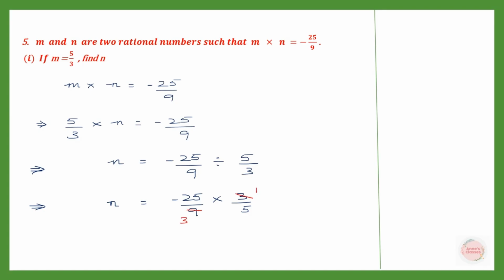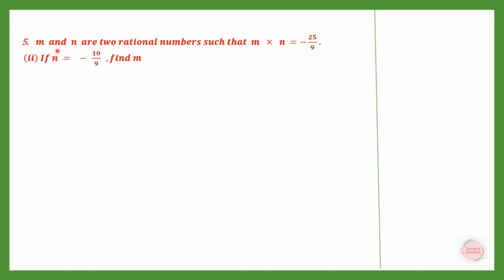I can cancel 25 and 5. 5 ones are 5 and 5 fives are 25. Now multiply the numerators and the denominators. So this way we can find the value of n. So when you multiply the numerators, 5 ones are 5 and 3 ones are 3. We also have a minus sign. So the answer here is n is equal to minus 5 by 3.